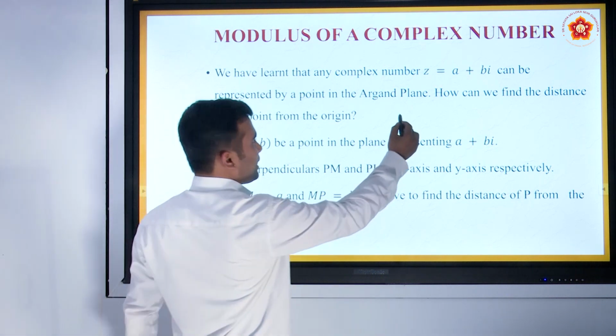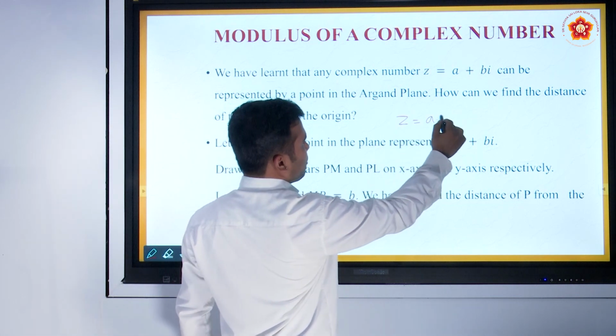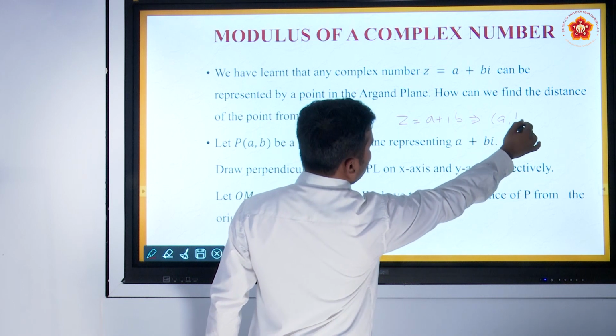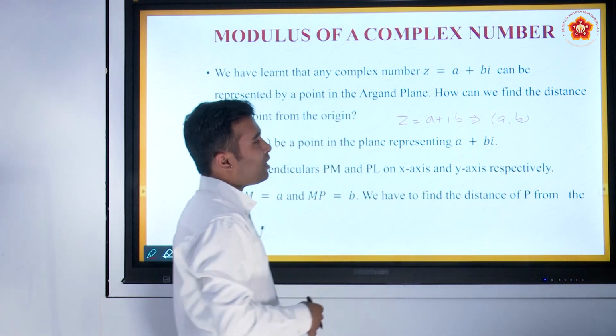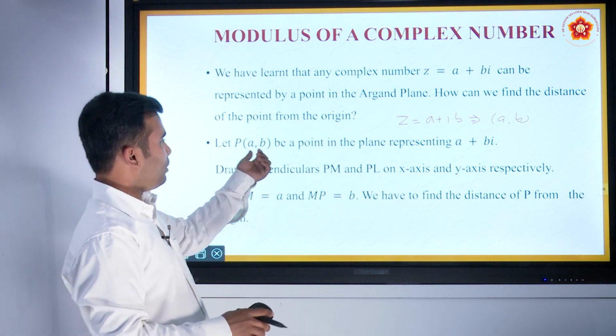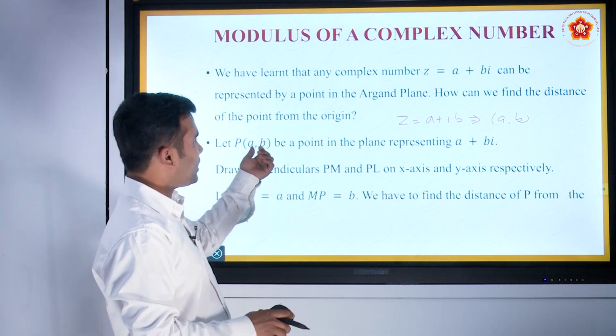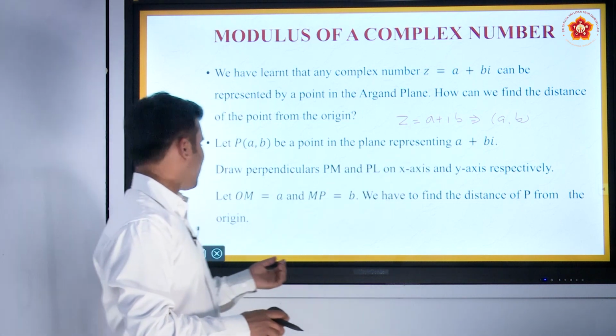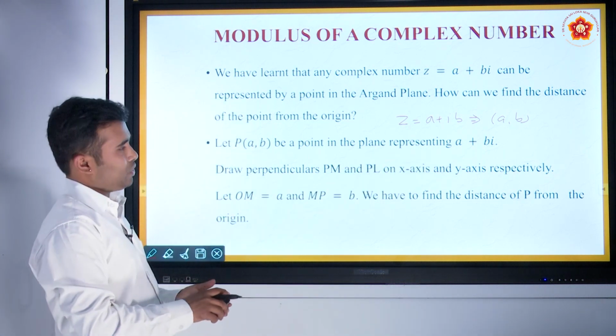I can represent z is equal to a plus ib in the form of a coordinate point (a, b). So let us say P is a point that has coordinates (a, b), representing a plus bi. For this we can draw a graph.